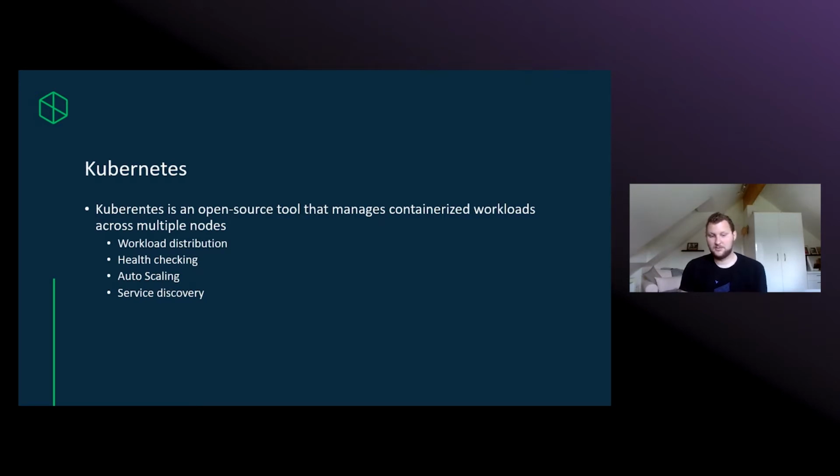Health checking is when it basically checks the status of an application and is able then to either remove that application from a node because it's not feeling well or restarting the application on the same node. Autoscaling features use the cloud provider specific APIs to scale out a cluster and add more nodes when the need is there. And service discovery basically allows it to discover other applications and their endpoints in a simple manner.